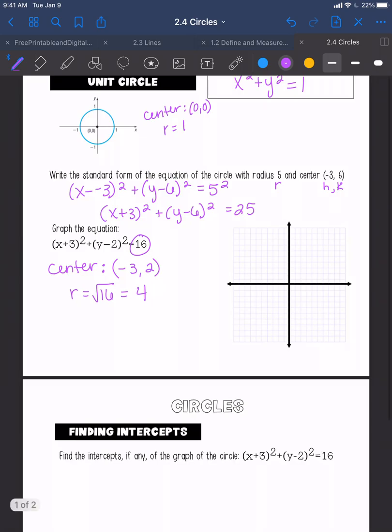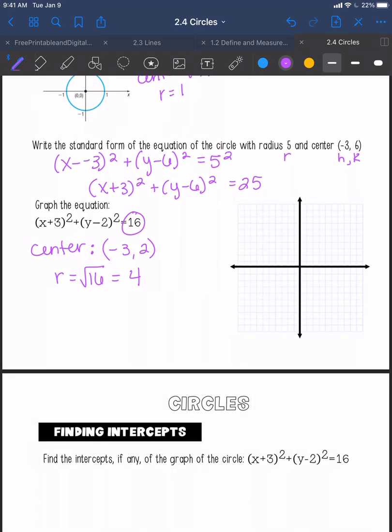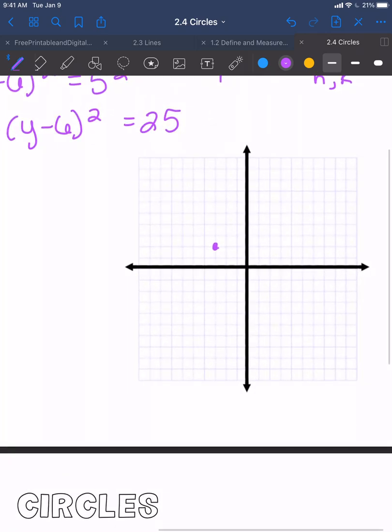So when you graph a circle, you plot your center point, so (negative 3, 2). And then just use your radius of 4 and go 4 units in each direction. And then from there, you just try your best to connect those 4 points you just drew.